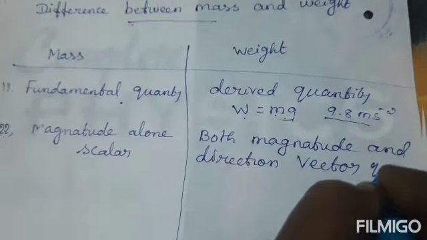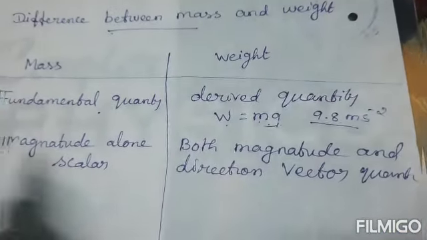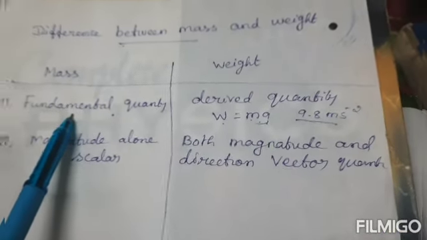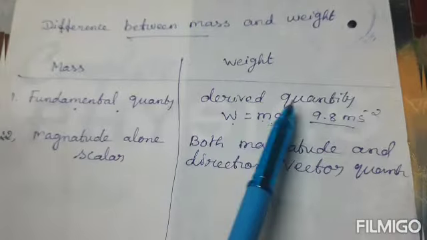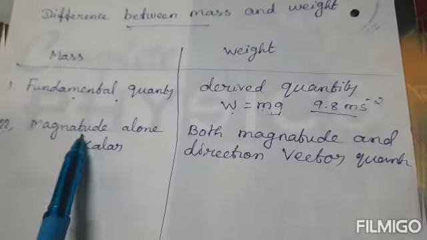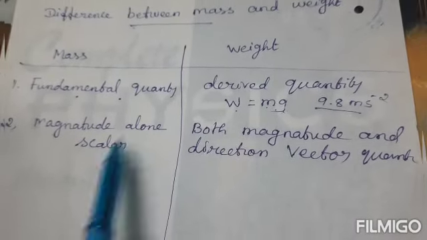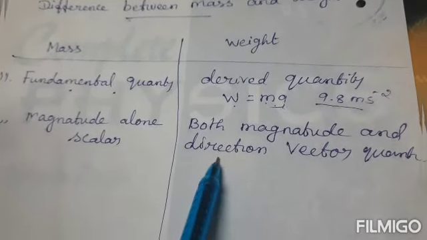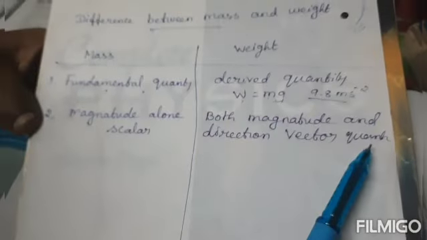Do you all understand? First point, we learned mass is a fundamental quantity and weight is a derived quantity. Second point, mass has magnitude alone, it is a scalar quantity. Weight has both magnitude and direction, it is a vector quantity.